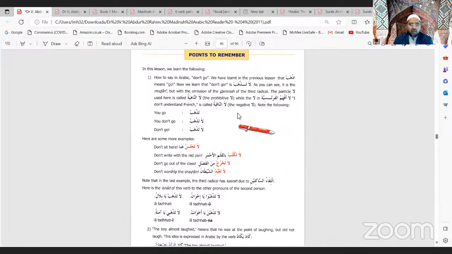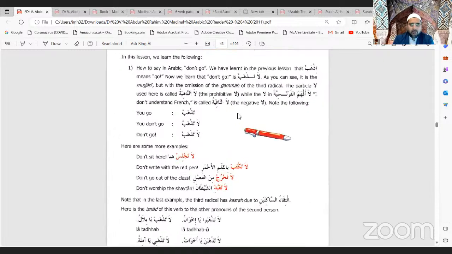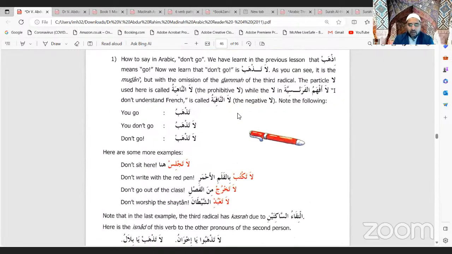So this lesson number 5 is about la nafiya and la nahiya. The difference between them is that la nahiya is a negative command, where you prevent someone from doing something, and la nafiya is a negation itself. So negation and prohibition are a bit different. La tadhhabu, you don't go.